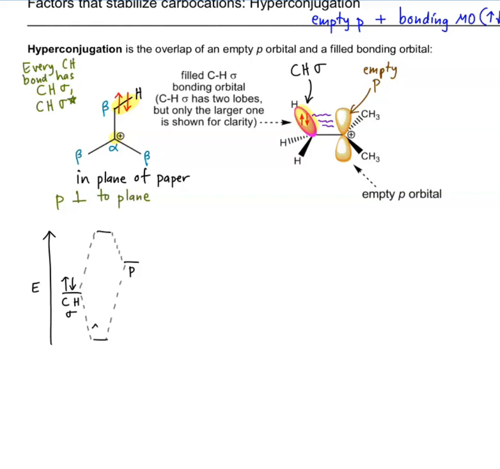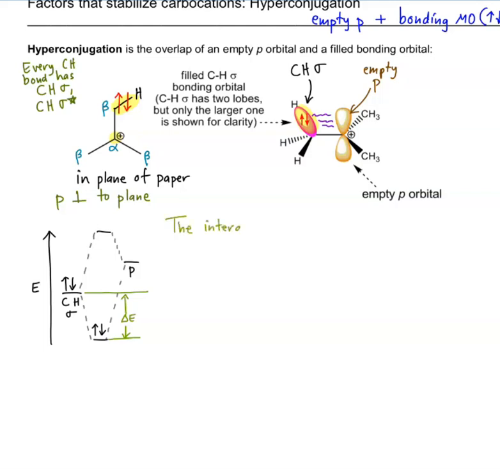The electrons that started out in the CH sigma orbital are going to come down to a new lower energy level. So they have been stabilized by whatever this quantity of energy is, delta E.